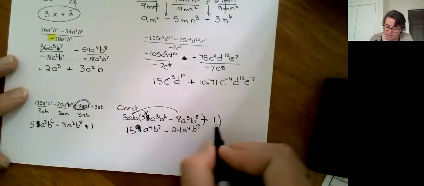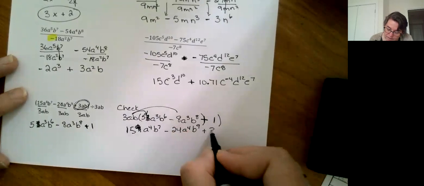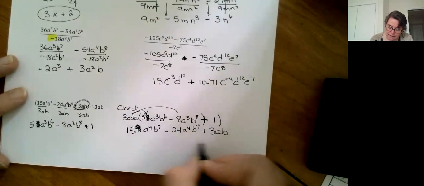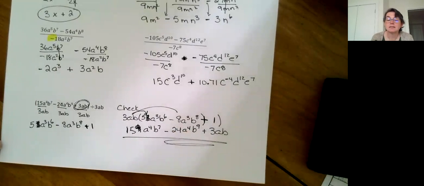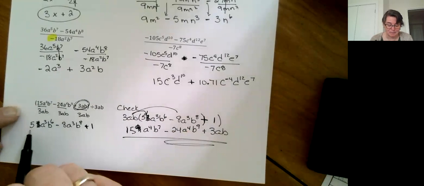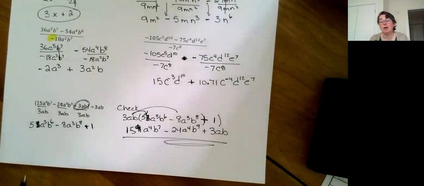So then 3ab times 1. And then we are back to where we started. So you can see it's a good idea to check. I'd really like to convince you that 15 divided by 3, what I did here was on purpose, but no, I screwed up. My bad.